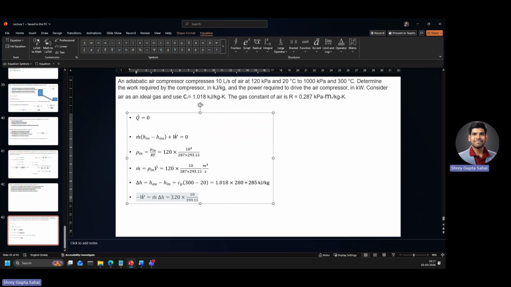So 1200 divided by 293, which is roughly 300, so roughly close to 4. So this is what it will be, 4 kilowatts. So this will be your answer.